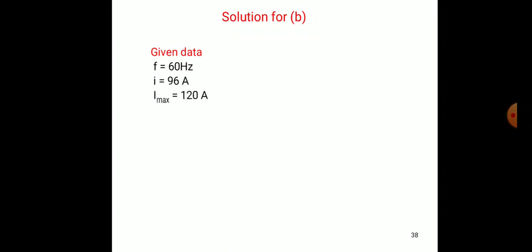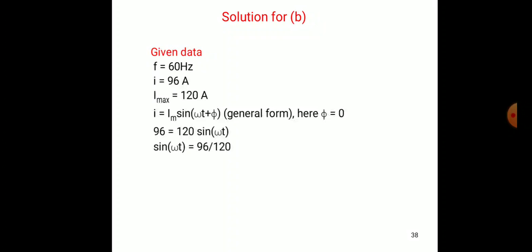The next part, B. Given what is given and what we need to find. The given data is frequency 60 Hz, current 96 amps, maximum current 120 amps. The equation, you know, is I equal to Im sine omega t plus phi. With phi equal to 0, 96 equals 120 sine omega t.